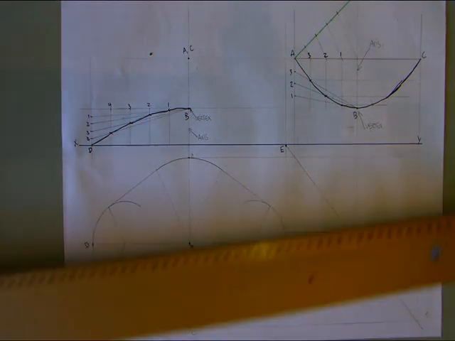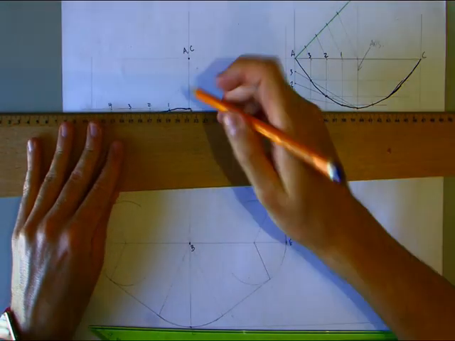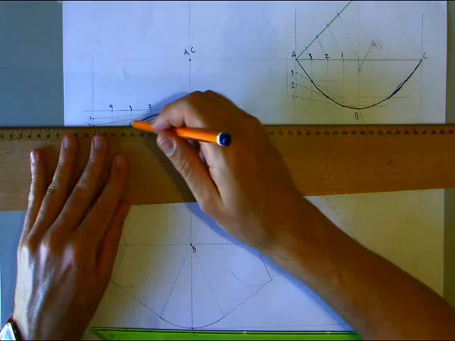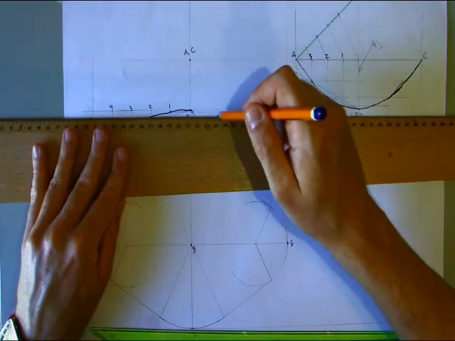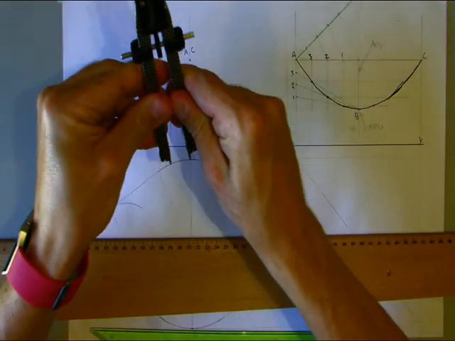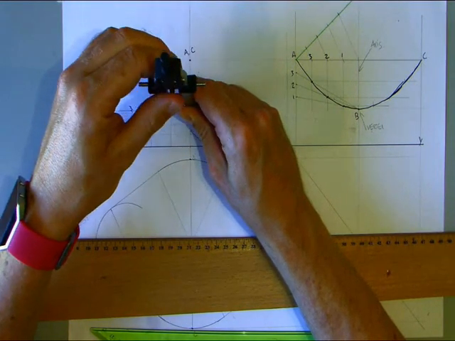Again, similarly, we're going to do the symmetry technique. Don't bother doing that whole step again. We can bring all of this across horizontally using our compass.